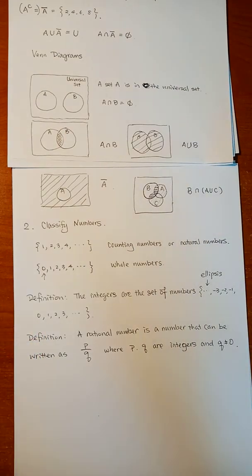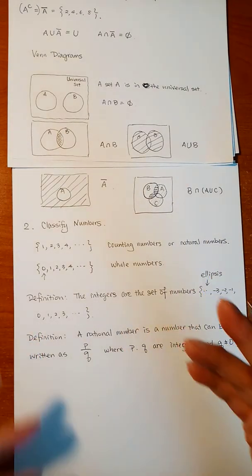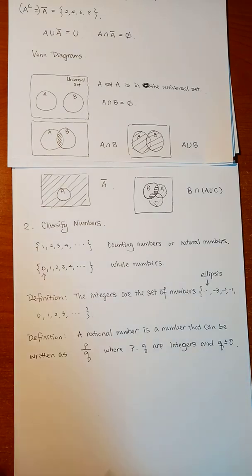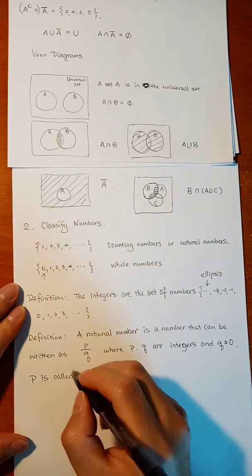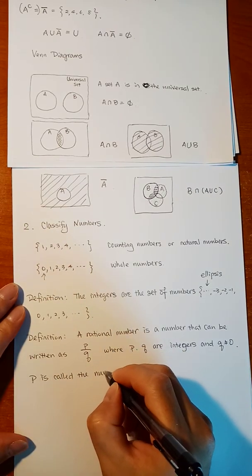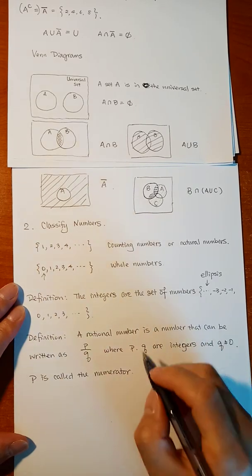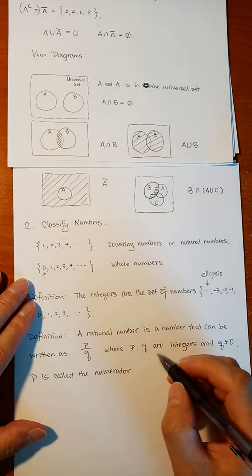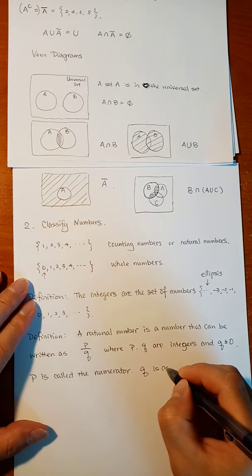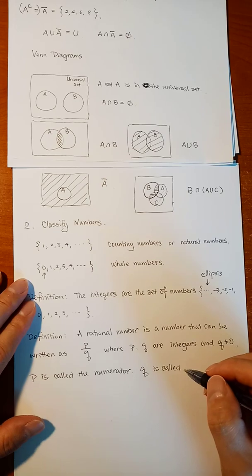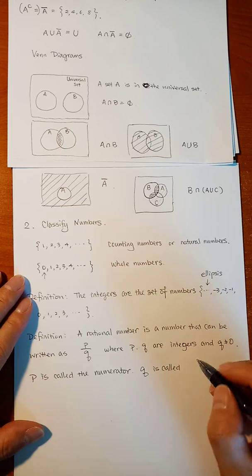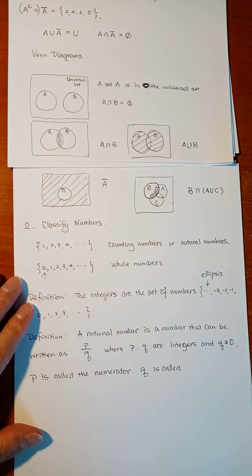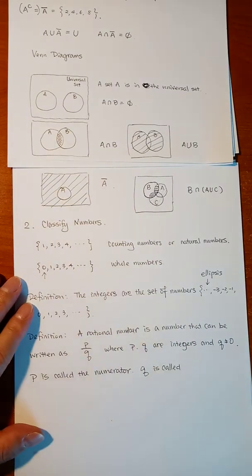So a rational number means it's P over Q. The denominator is not 0. P is called the numerator, and Q is called the denominator.